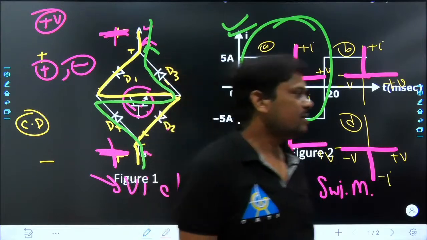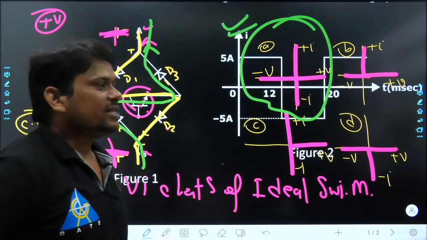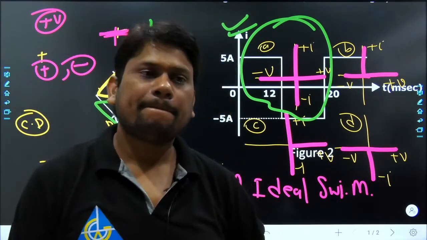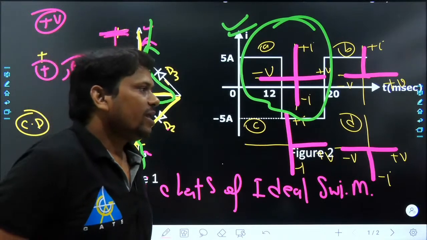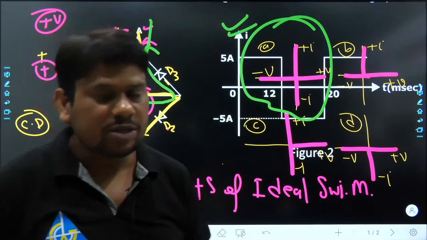Now tell me. Yes, everyone, dear, all the points are clear. So in this way we can draw the VI characteristic of the switch module.